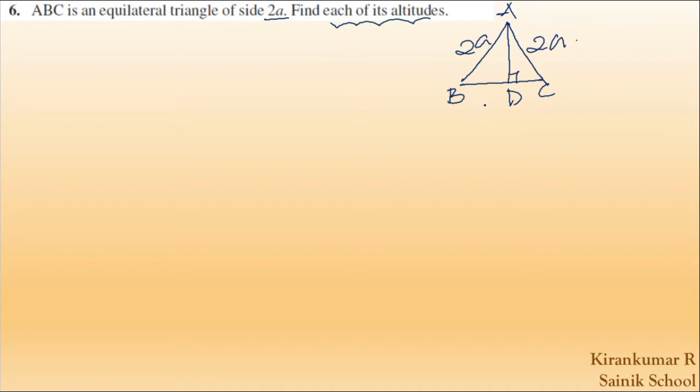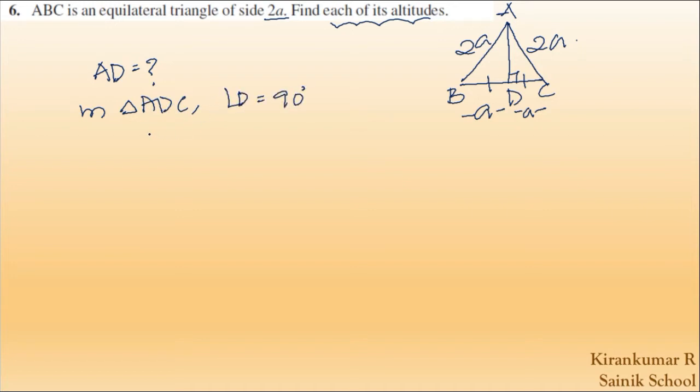Remember, in an equilateral triangle, the altitude will bisect the opposite side. These two sides will become equal. They become A units each. Now, the length of AD we need to find. I'll make use of Pythagoras theorem in triangle ADC. In triangle ADC, angle D is 90 degrees.